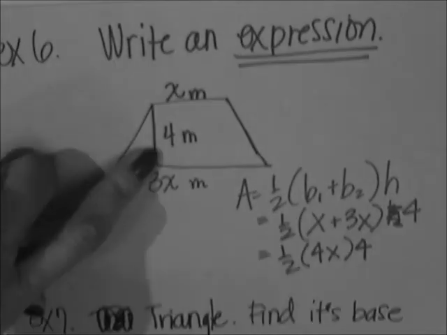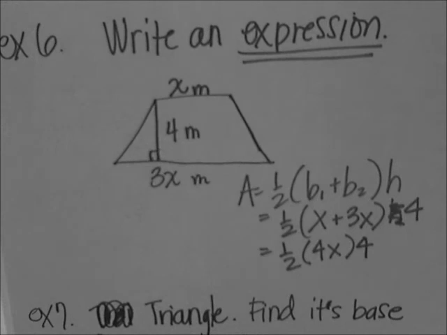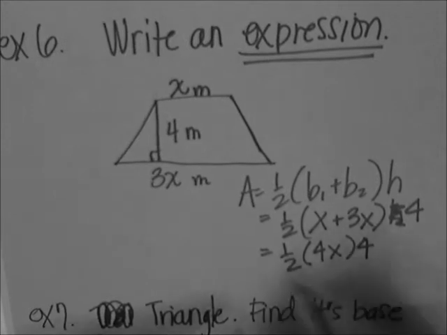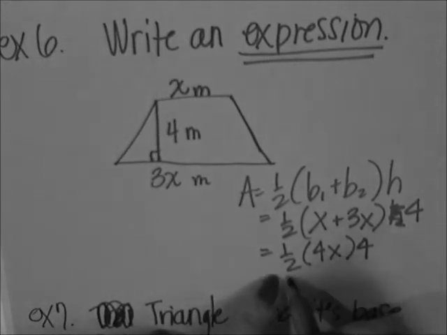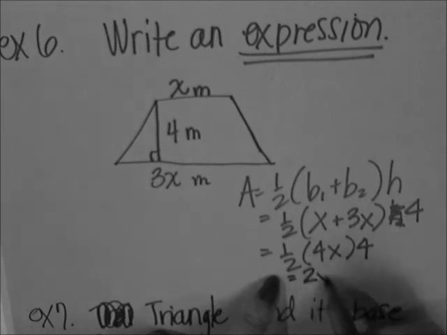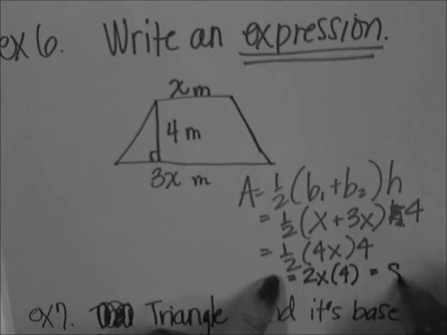Okay. Now, I have to combine my terms. So I am going to multiply 1/2 times 4 times 4x, and that's going to give me 2 times 4x, and that's going to give me 8x. That is my final expression.